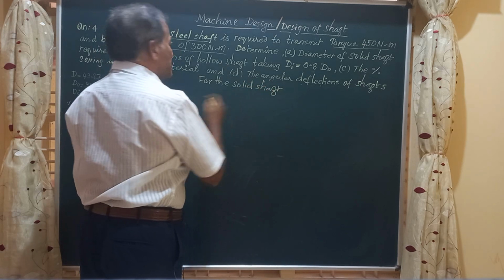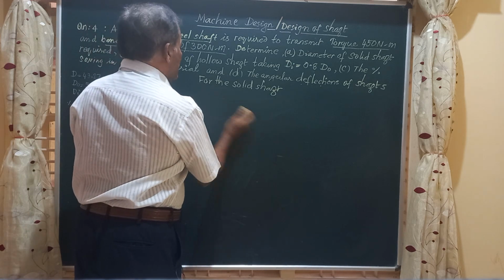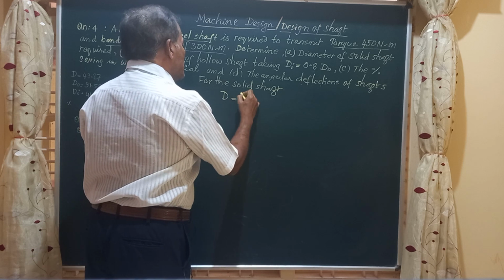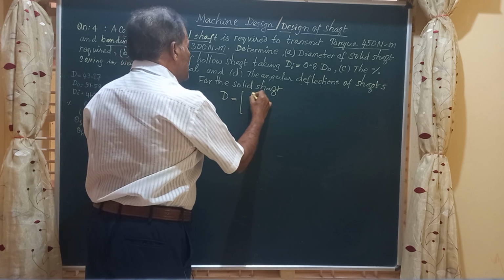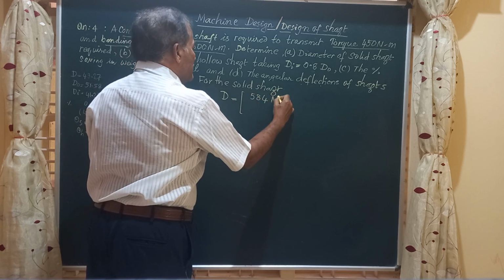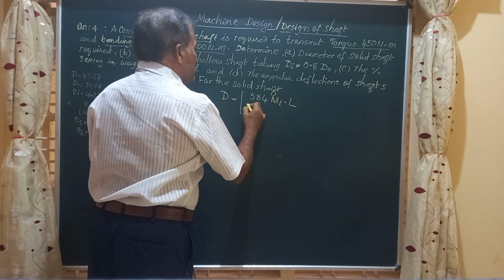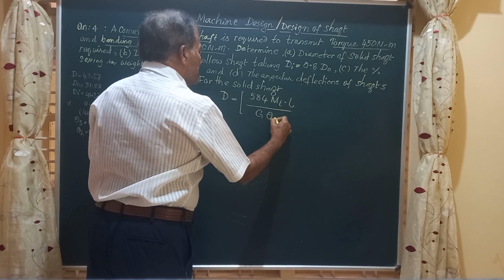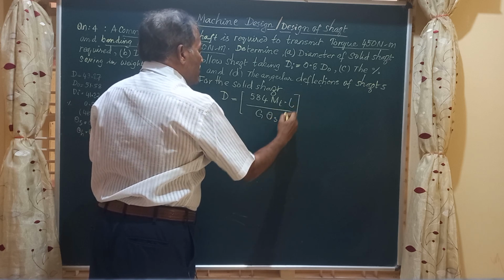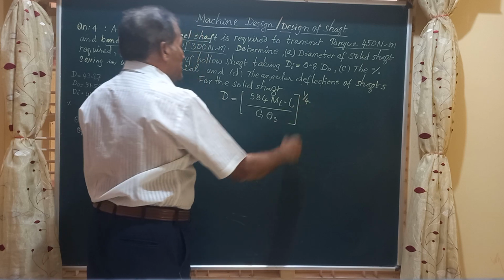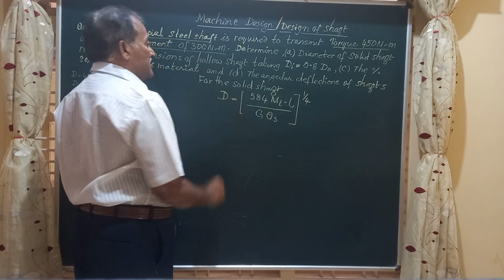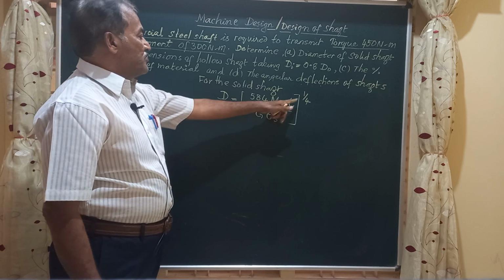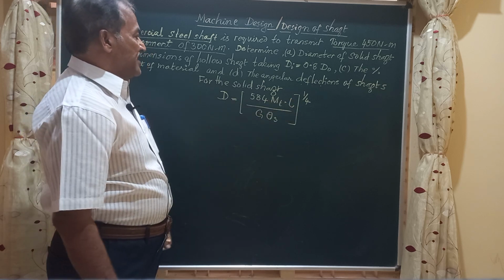you have the expression for the solid D, which is equal to (584 M_t L divided by G theta_s) to the power of 1/4. So the solid diameter is (584 M_t L / G theta_s)^(1/4).